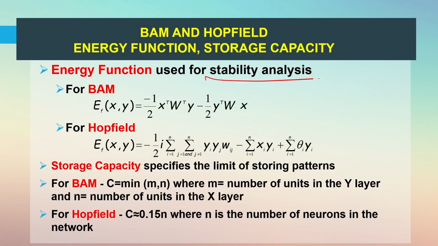Now, the energy function. The energy function tells how long the memory is resistant, or has the capacity to store the pattern, how much time the data is available, because it is a memory network. So, stability analysis, how the network is stable, is very important. The energy function as well as the storage capacity is very essential.